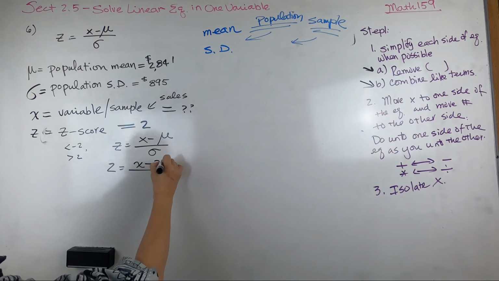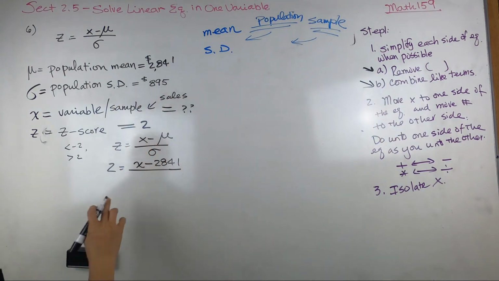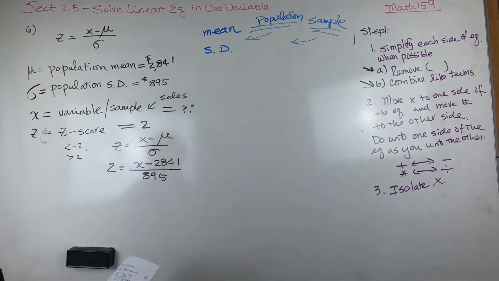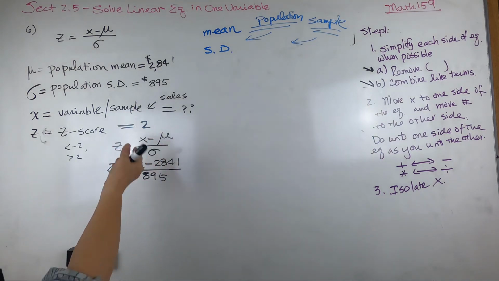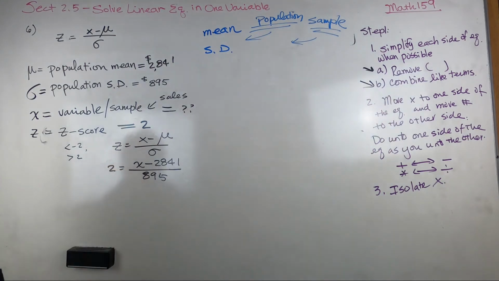Mu is 2,841. And sigma is 895. If you plug in, that will be that way. That's not z anymore, that's 2. Then we want to find the x.